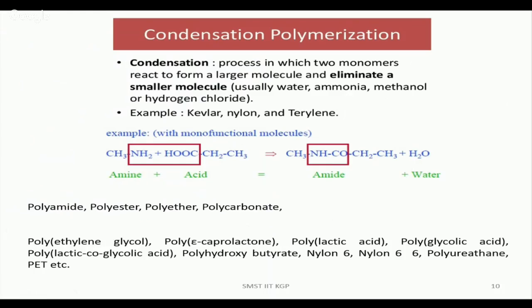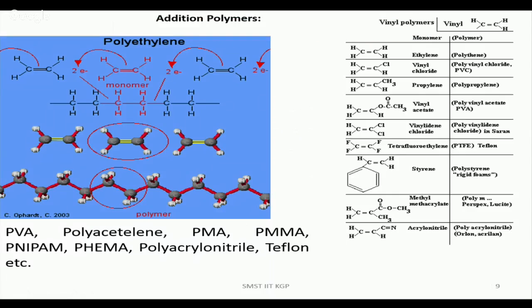There is also condensation polymerization. The previous one I discussed is addition polymerization. Simply I am adding the monomers, and there is no byproduct; I get polymers called addition polymers, right.